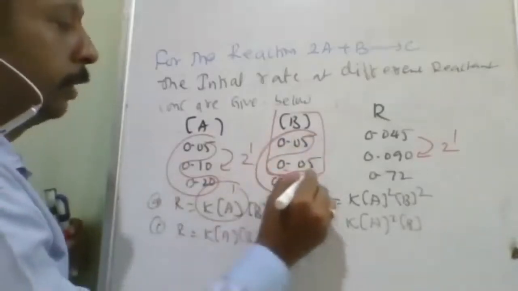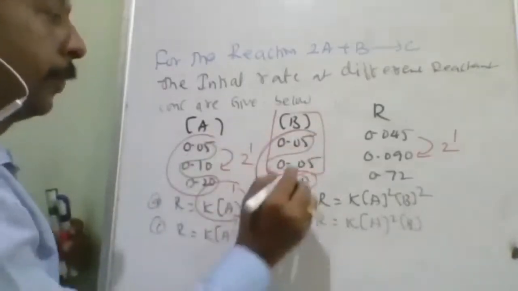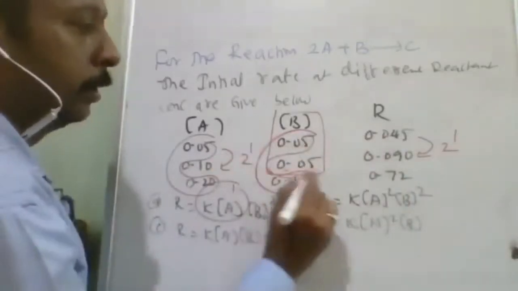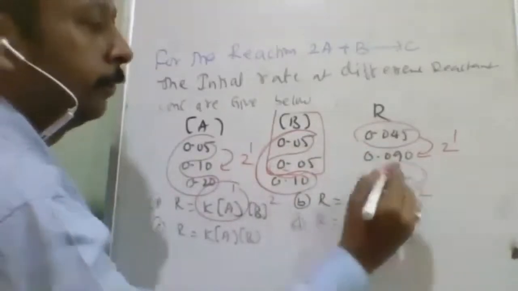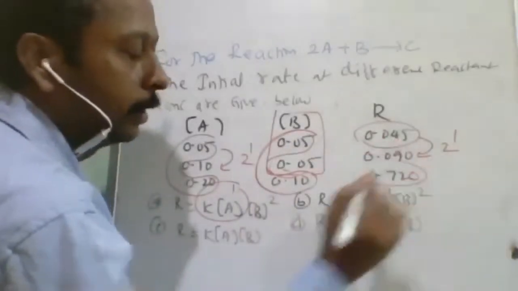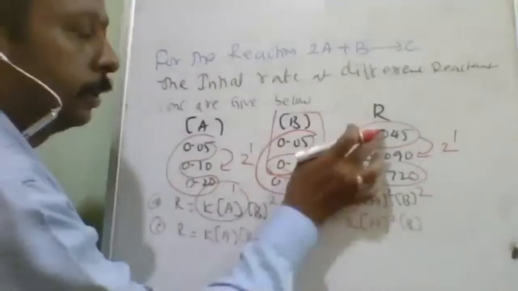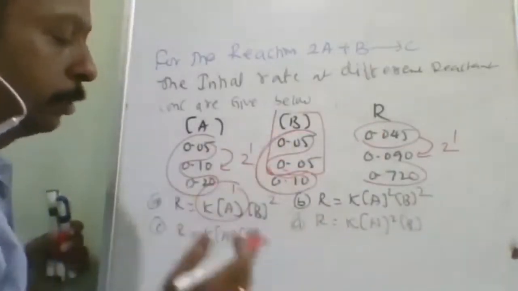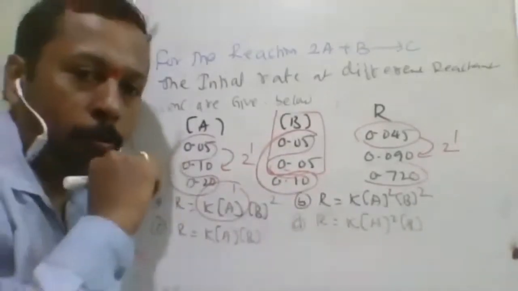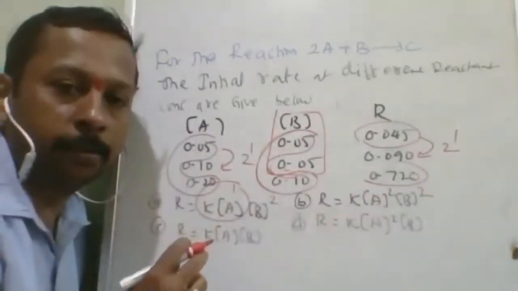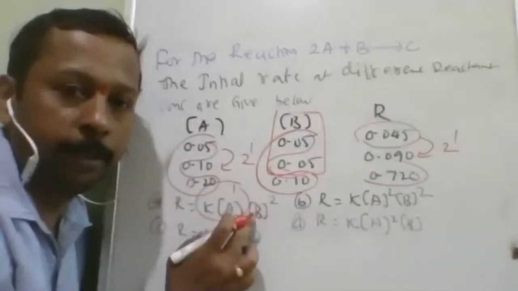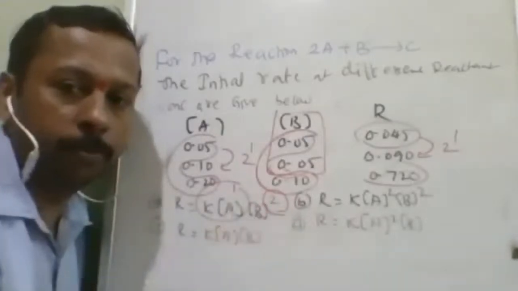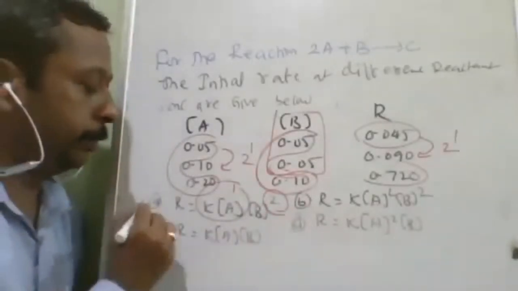Now when I check this one or this one, this change was just because of A. Now I will select these two: 0.05 and 720. Out of this, the double variation was with respect to A. The next 4 times variation, that means 2 square, will be because of B. So 2 square means B to the power of 2. So option A is correct.